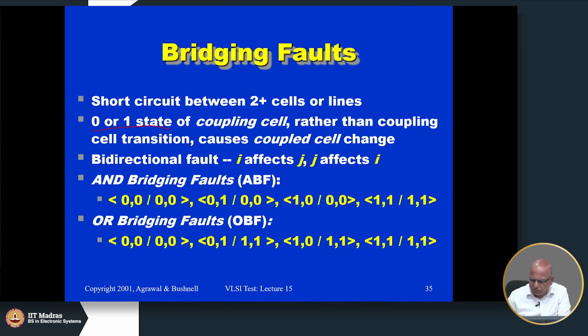In the coupling fault we use this notation. If I is transitioning, then J will toggle, or J is transitioning, I will toggle. But here it is not that, it is fixed value, both of them are 0.